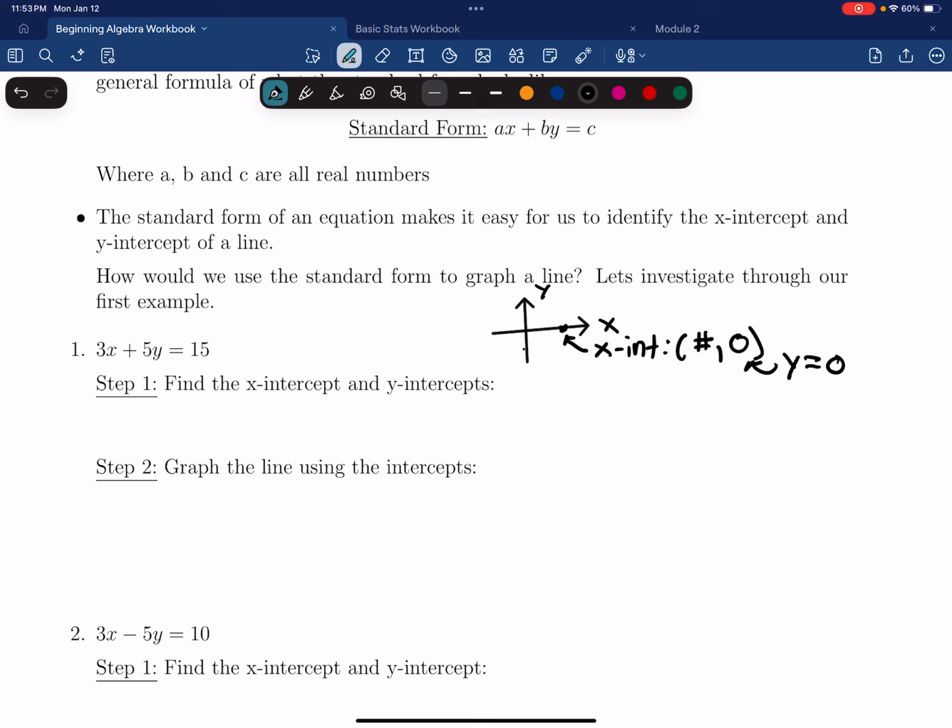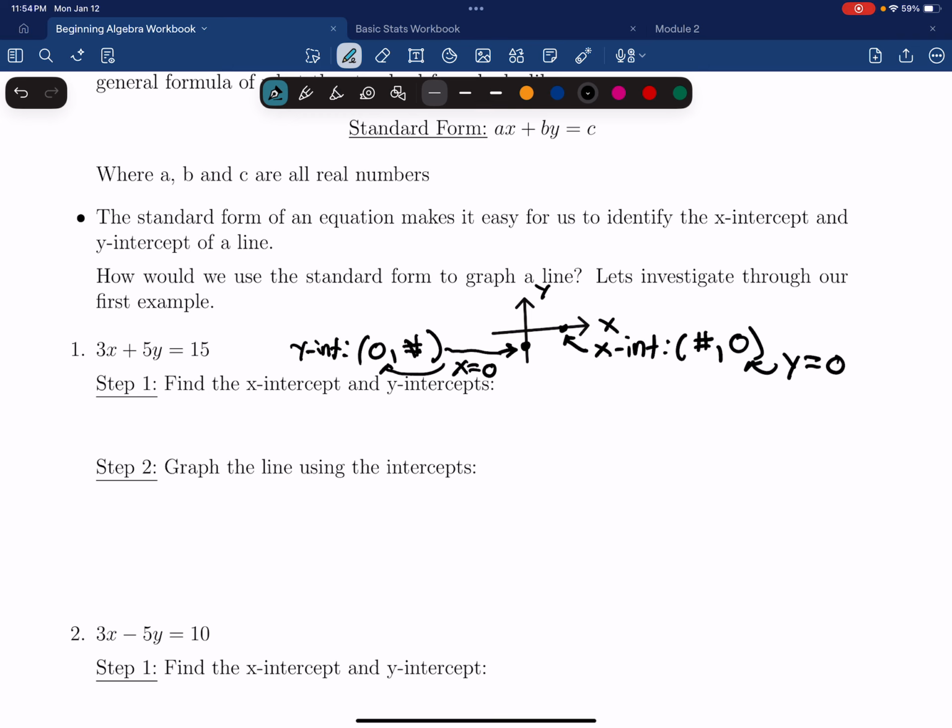And then conversely, for a y-intercept, we know that x for sure has to be 0, and y is going to be some number. So x has to be 0 for a y-intercept.